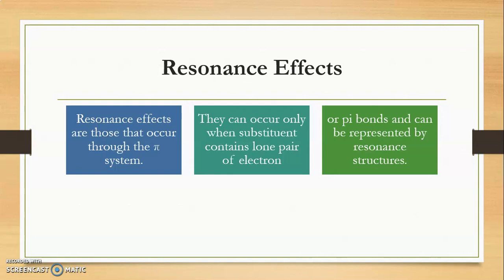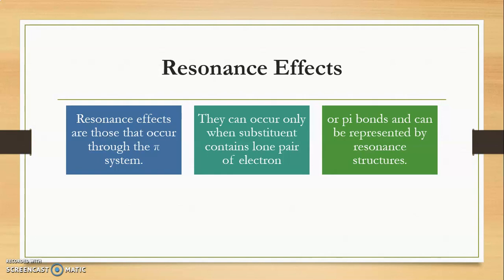Also there are certain groups like OH, hydroxyl group, which is consisting of lone pair of electron. So hydroxyl group shows inductive effect as well as the resonance effect. Also we have seen that inductive effect is of two types. One is electron donating and other one is electron withdrawing.